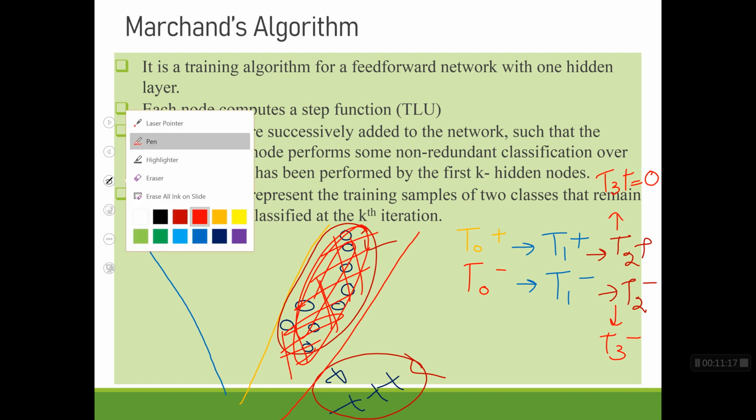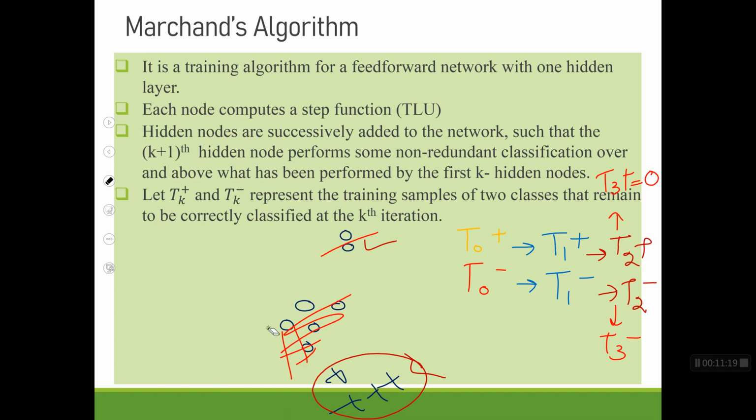So this Marchand's algorithm will continue till I am going on reducing these classes. So I begin with T0 plus and T0 minus. These are the two sets which will have the training samples, and one by one I am going on reducing.